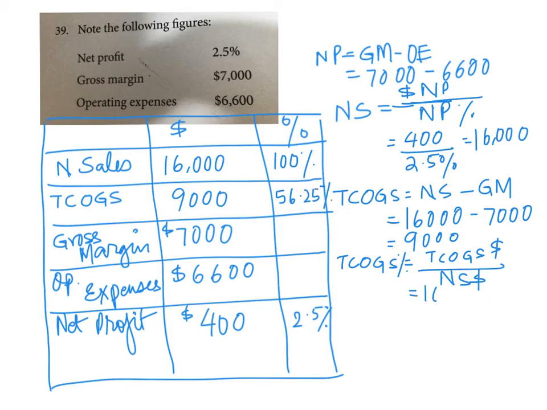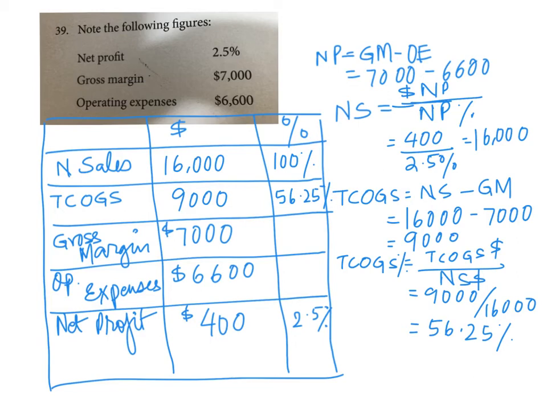This is 9,000 divided by $16,000, which is equal to 56.25%.